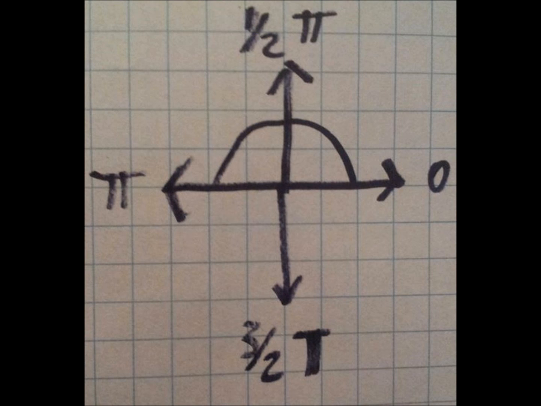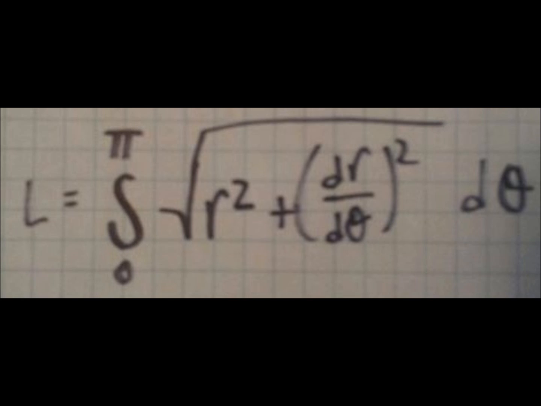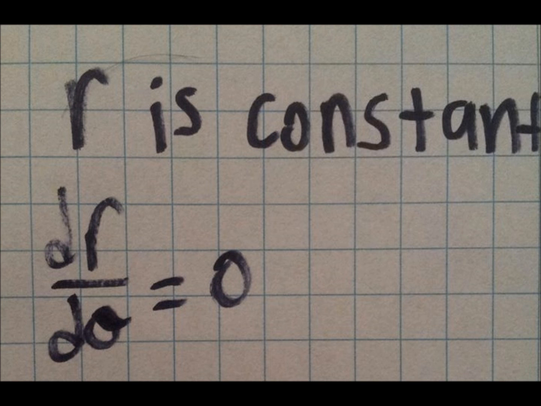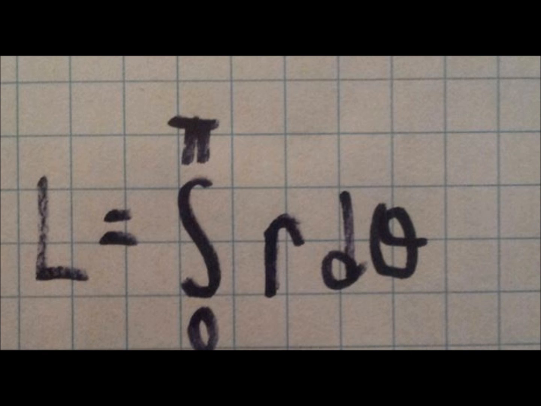And then here, I've pulled out the formula for arc length. Now, because this is a circle in polar coordinates, r is equal to a constant, which means the derivative of r with respect to anything is going to be equal to 0, which will simplify our integral immensely. And then we can evaluate our integral.